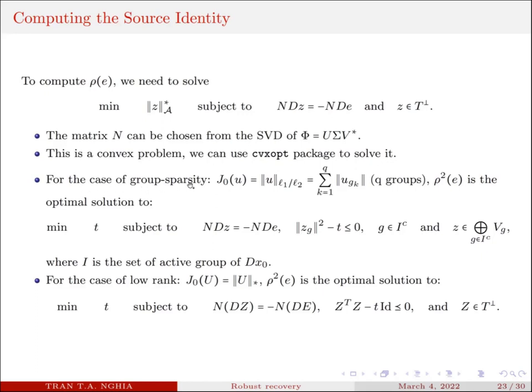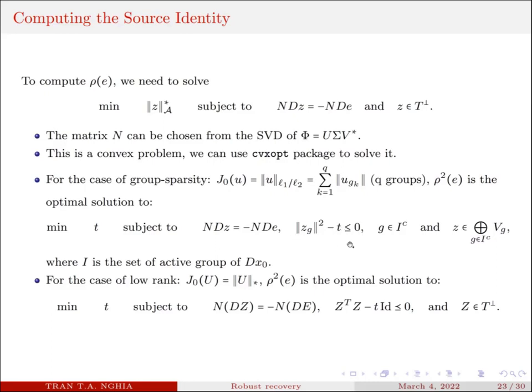Especially for the case of group sparsity, you can see we translate this problem into the following problem: minimize t, with the same linear condition, but instead of using the dual norm, we write it in the constraint. That is, the Euclidean norm squared minus t smaller or equal to 0.